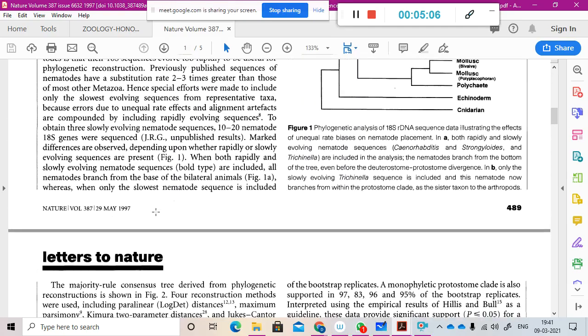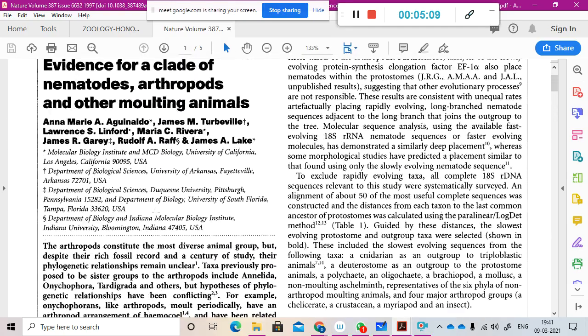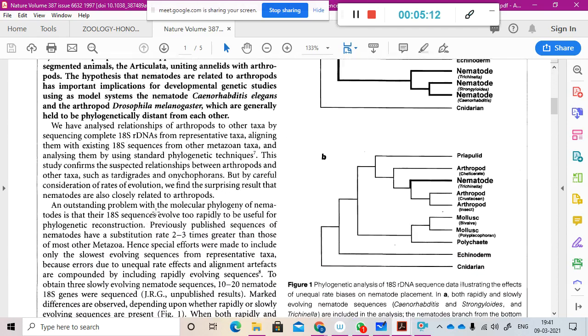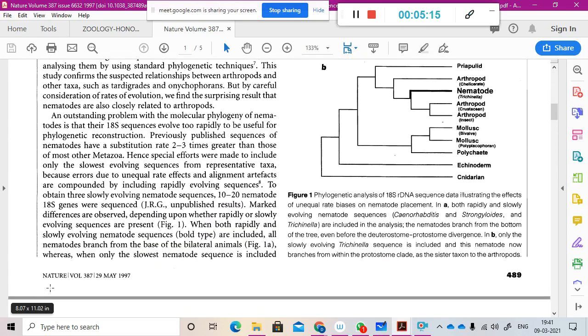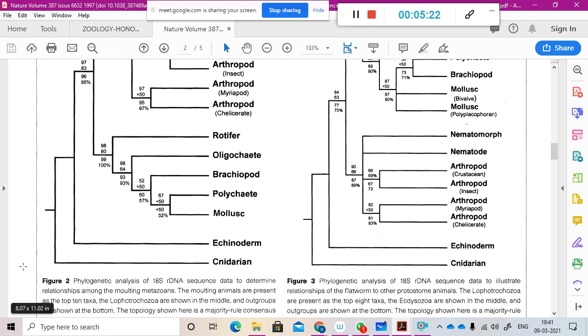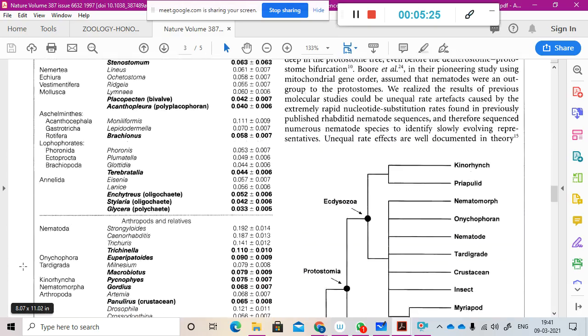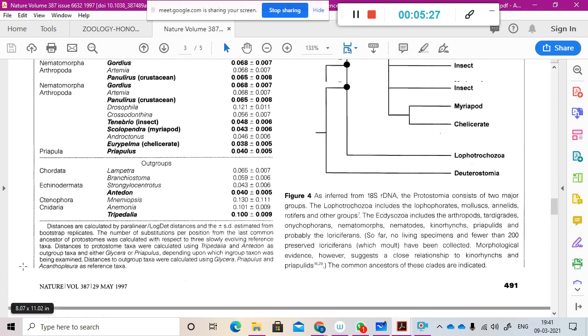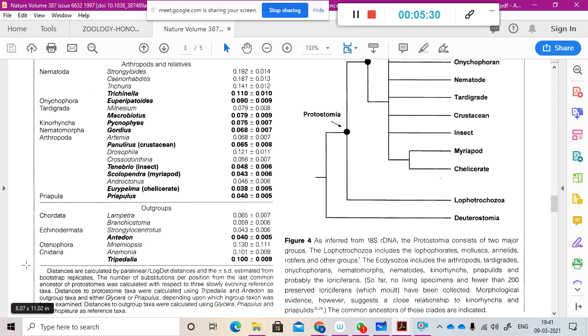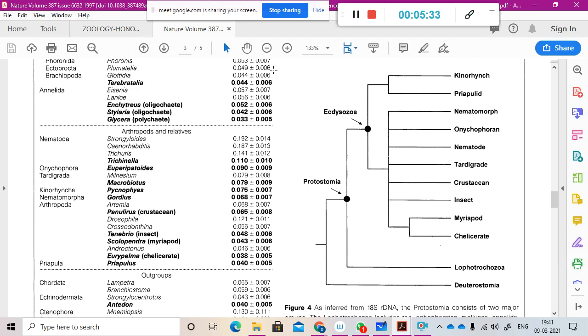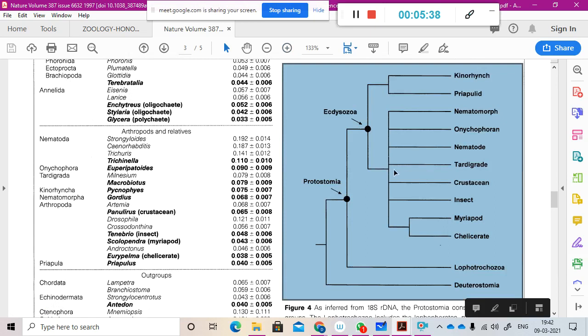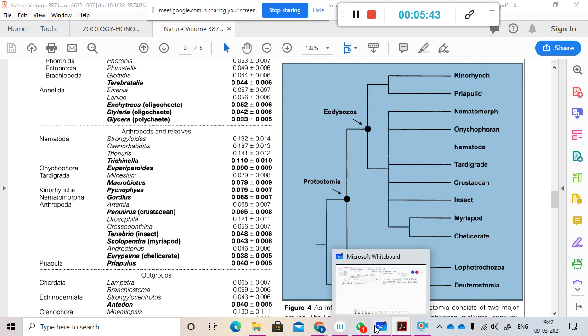As you can see in this publication, Nature volume 387, 29th May 1997. This was first published. And they gave a tree. Let us copy this image and paste it.